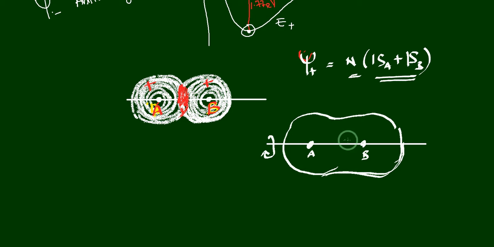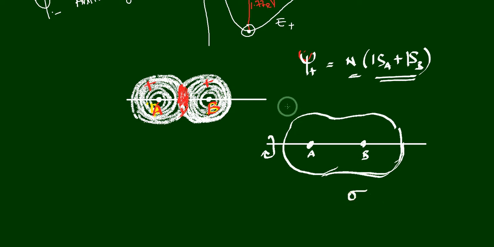Therefore, you can call this a cylindrically symmetrical orbital. This orbital is cylindrically symmetric. Since it is a cylindrically symmetric orbital, you can call this a sigma orbital.